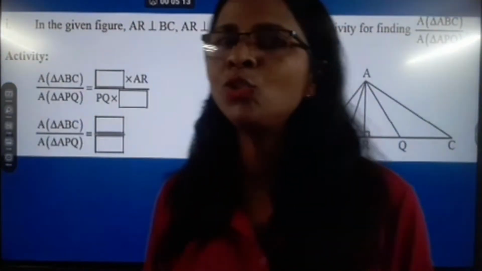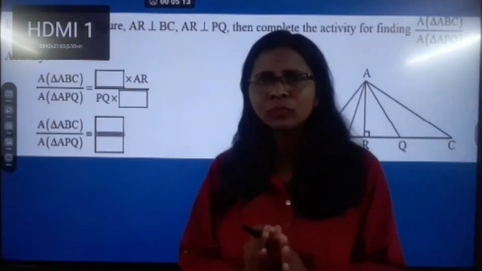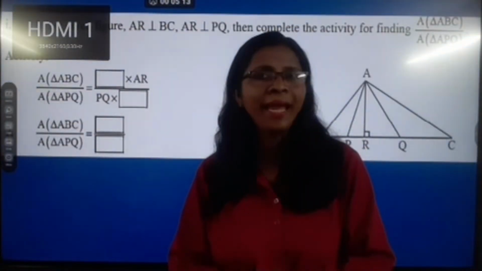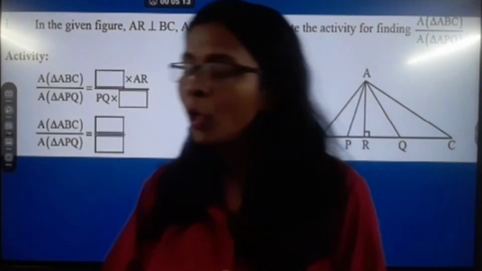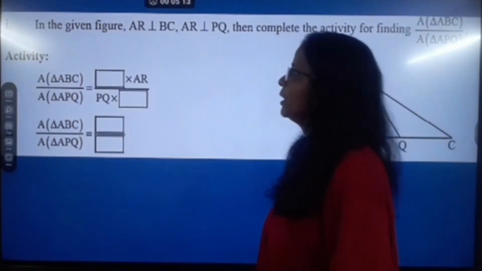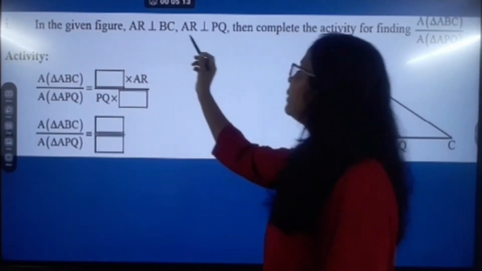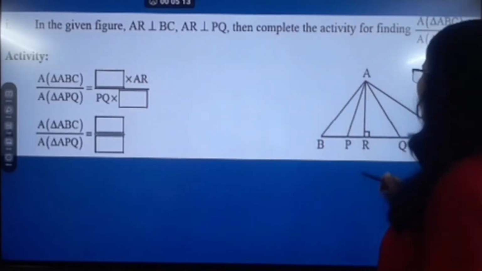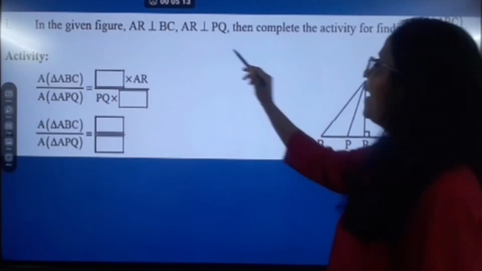See the first example, students. The first question, that is question 2A, is an activity based question. In the given figure, AR is perpendicular to BC.